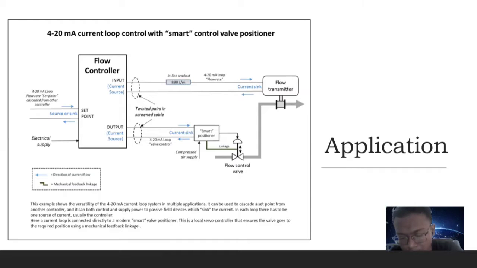When all the measuring, comparing, and calculating are done, some type of final control element must implement the strategy selected by the controller. The most common final element in the process control industries is the control valve. The control valve manipulates flowing fluid such as gas, steam, water, or chemical compounds to compensate for the load disturbance and keep the regulated process variable as close as possible to the desired set point.